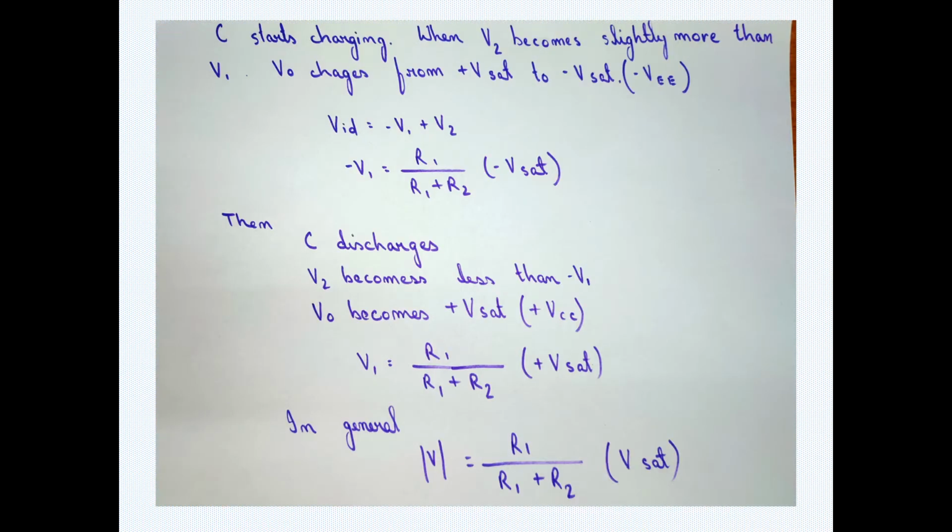So we can write the differential voltage VID as minus V1 plus V2. Hence minus V1 is equal to R1 by R1 plus R2 multiplied by the negative saturation voltage.